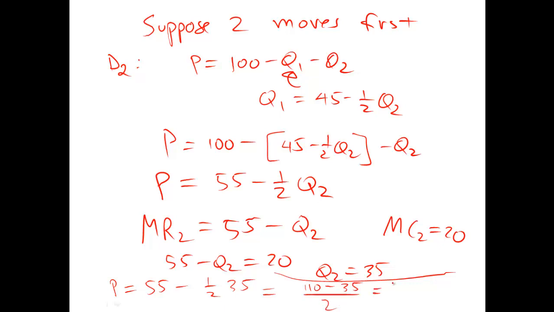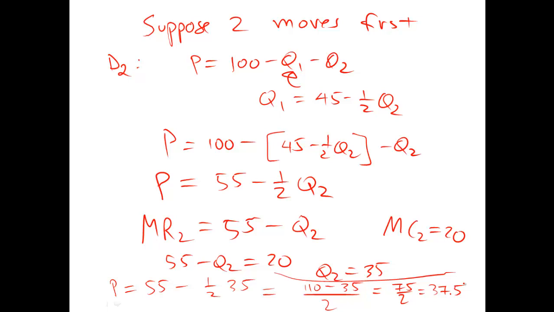That's also known as 75 over 2, which is also 37 and a half. Now notice that firm 2 is now producing more than it used to produce. It used to produce 27 or something, and now it's producing 35.